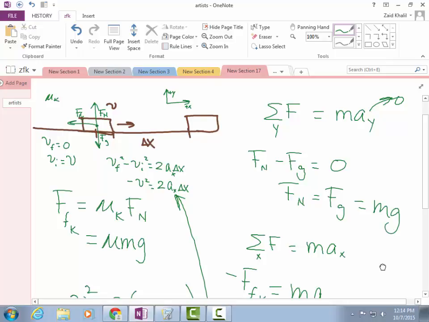So Ffk, the force of kinetic friction, is equal to some constant, mu k, times Fn. But Fn equaled mg. So therefore, Ffk is equal to mu k mg. And the reason it was negative is because the force of friction is directed to the left.